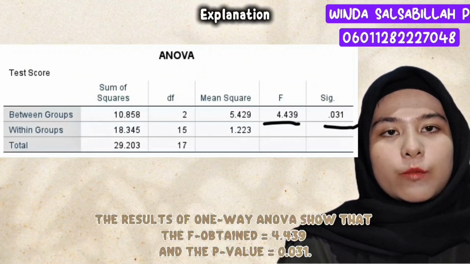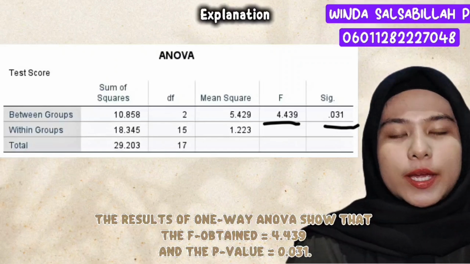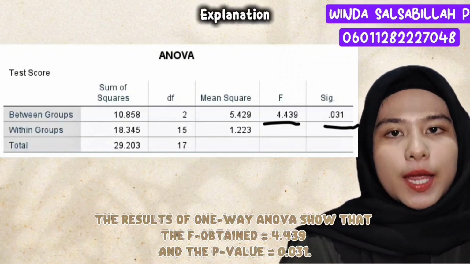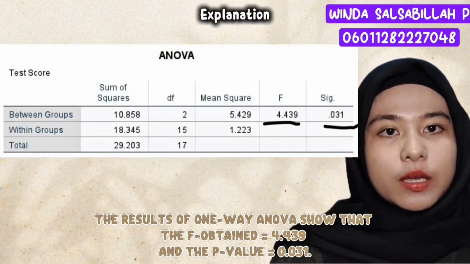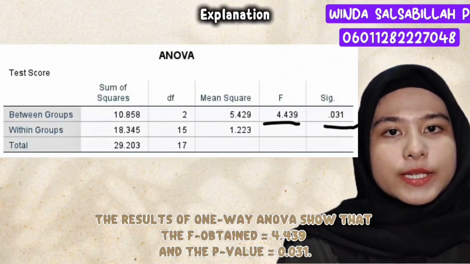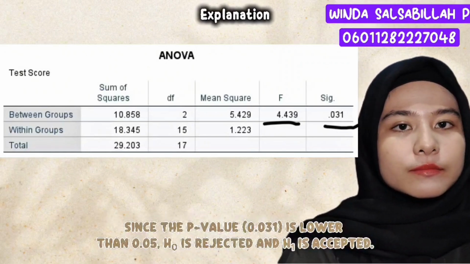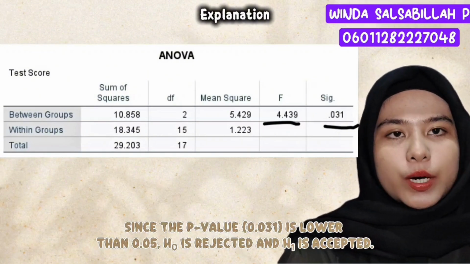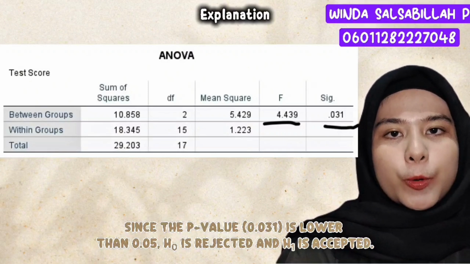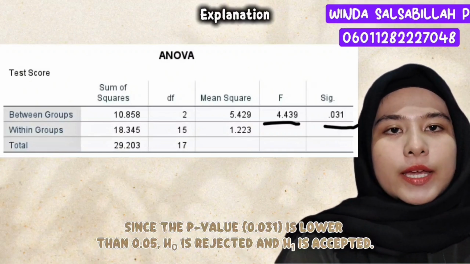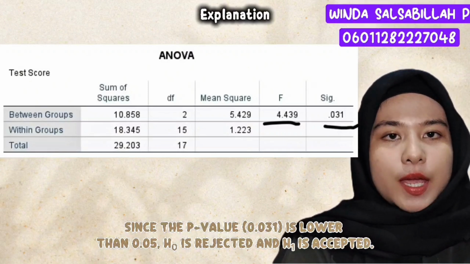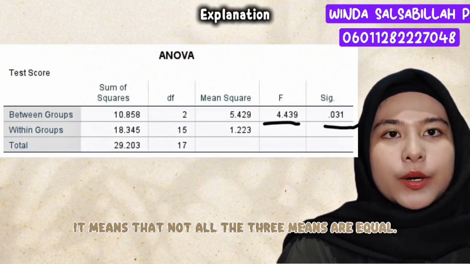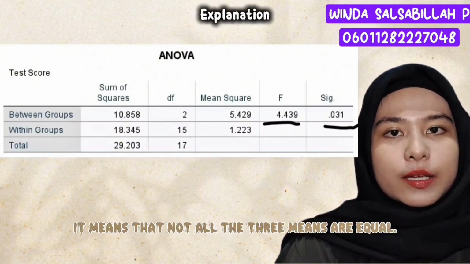The results of one-way ANOVA show that the F obtained equals 4.439 and the P value equals 0.031. Since the P value 0.031 is lower than 0.05, H naught is rejected and H1 is accepted. This means that not all the three means are equal.